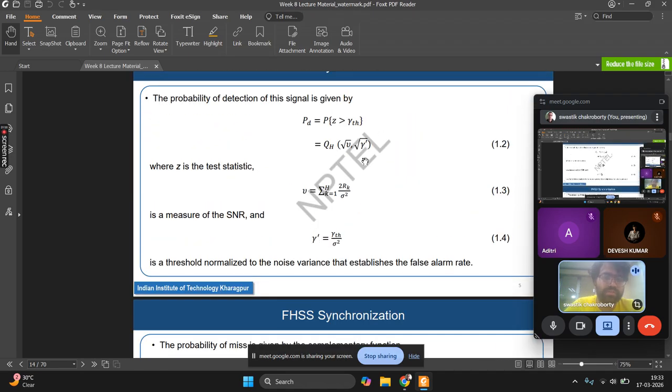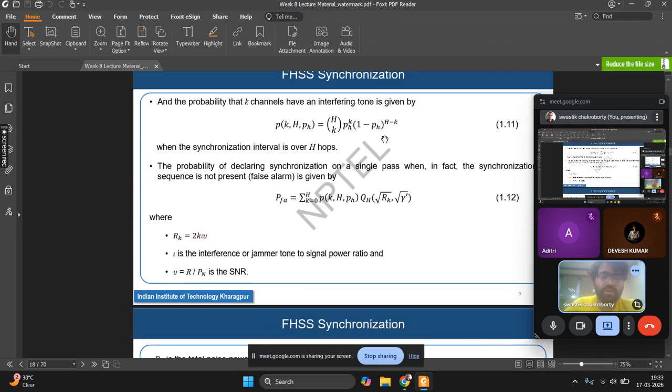So what is a false alarm? A false alarm is when you have synchronized with a particular hop, but that hop actually contains an interfering tone. So you have synchronized with an interfering tone. You have not synchronized with the intended tone, but you are giving an alarm that you have synchronized with the intended tone. So you are giving a false alarm. So this is the probability of false alarm.